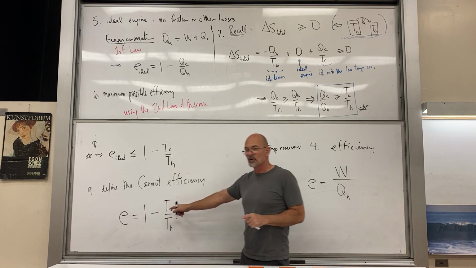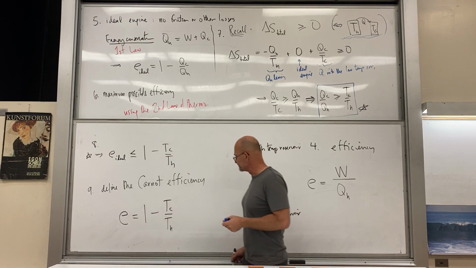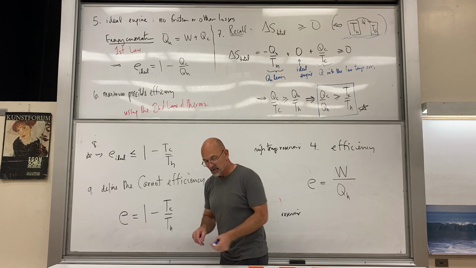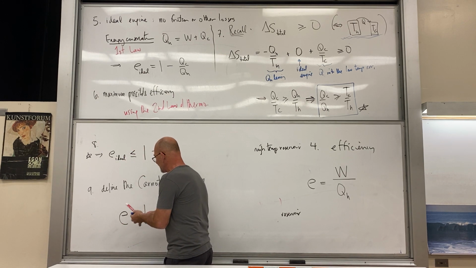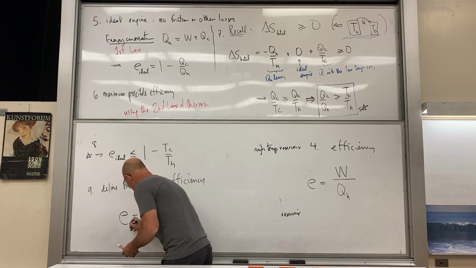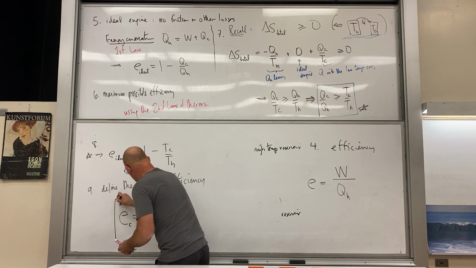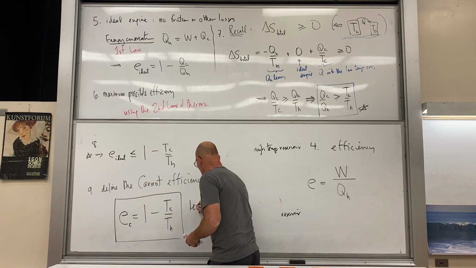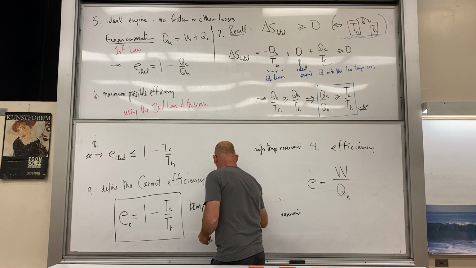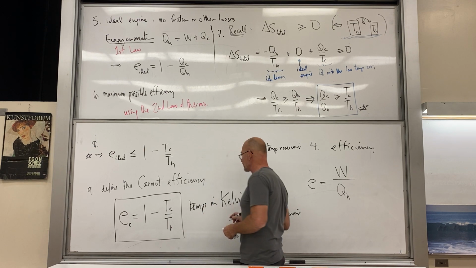These two temperatures are well defined in terms of the heat engine. Put a box around that one. So that gets a little subscript C. So E sub C for Carnot, temps in Kelvin. Very important. Okay.